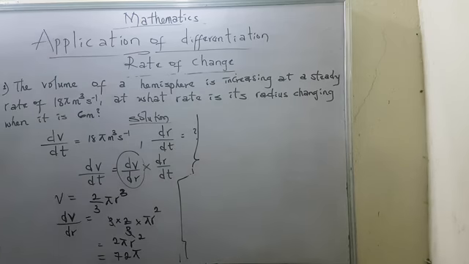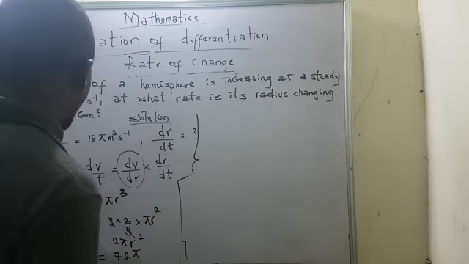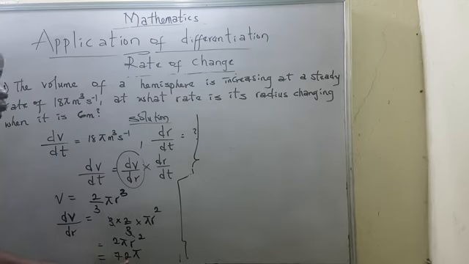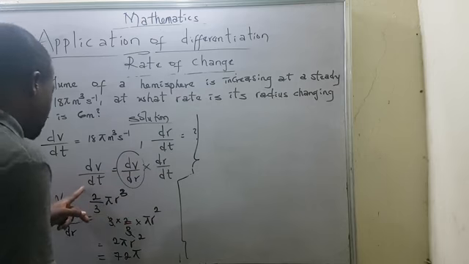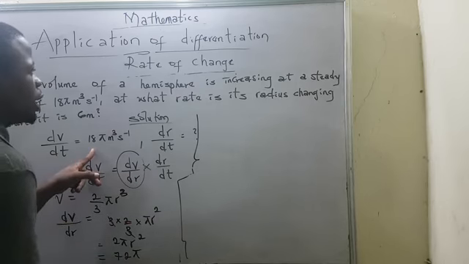It's 72 pi, right? Now, when we have gotten our dV/dr to be 72 pi, and we are looking for dr/dt, the dV/dt is 18, right?